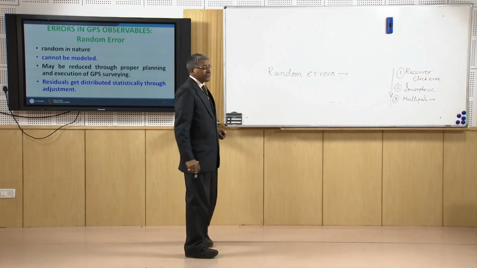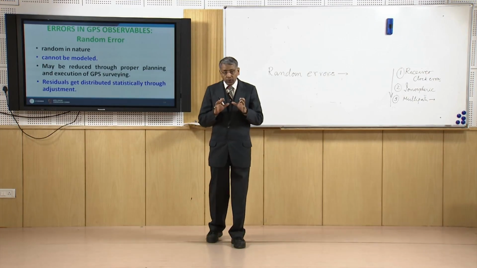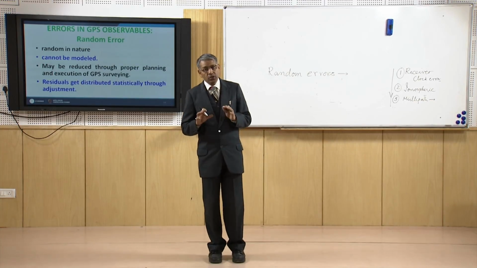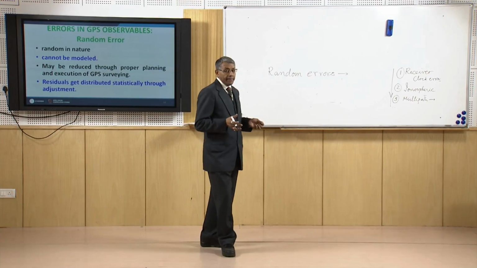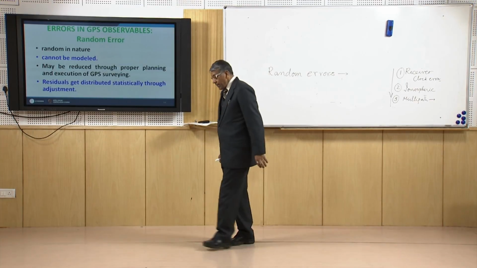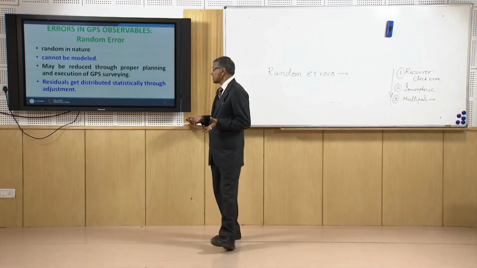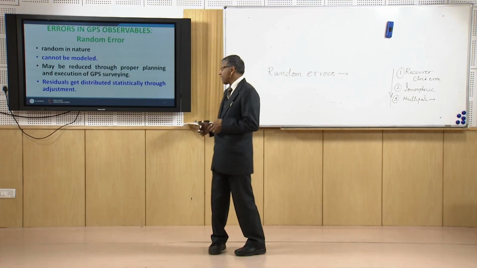From the name itself we can understand that these are errors which do not follow any rule, errors over which the observer has no control. Random errors can be avoided or minimized by proper planning and execution of GPS surveying.